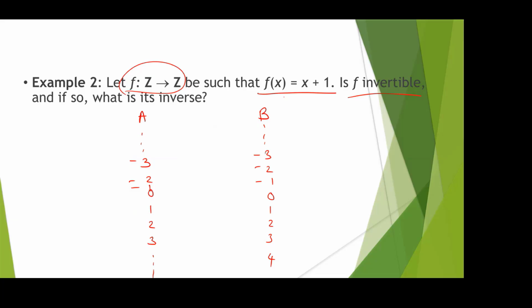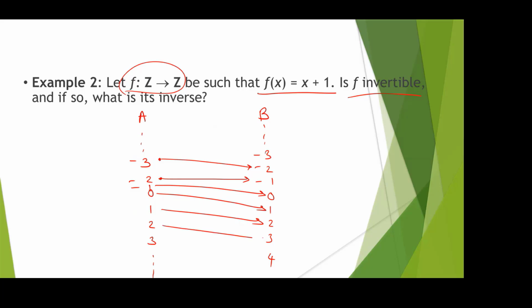First we have to check: if we apply x plus 1 for -3, what will be my output? -2. For -2, -1. For -1, 0. For 0, 1. And that's how all the mapping will go. Will -3 have a mapping? Yes. Because it goes from infinity to infinity, every value will have a mapping and every value will be mapped.